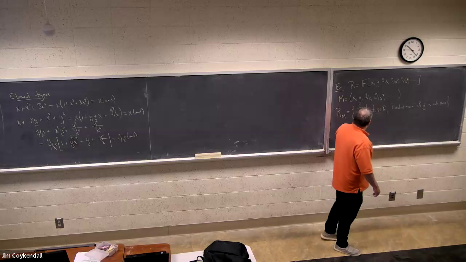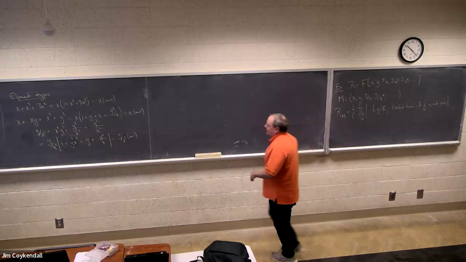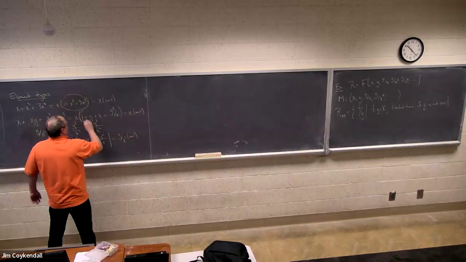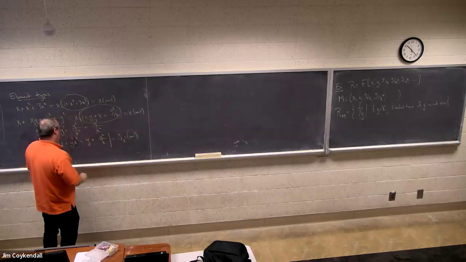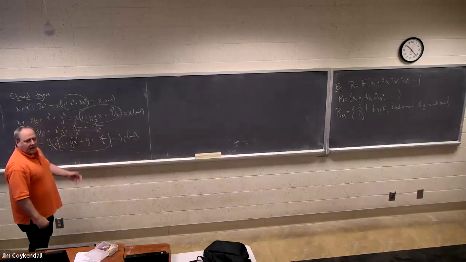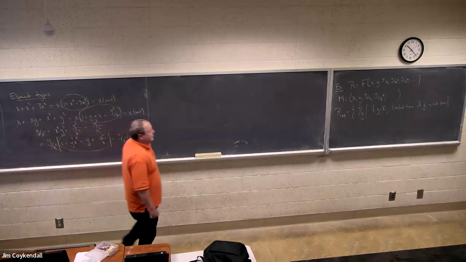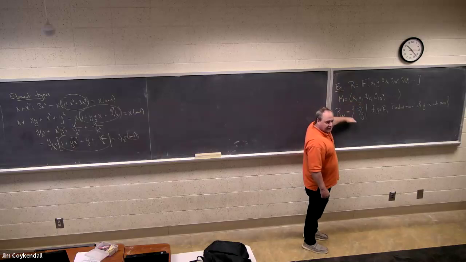And then when you localize, you can also put in things of this kind of form, non-zero constants here. But I can just call that a unit in the localization. It's kind of cheating a little bit. You're right, this is not a unit in the original ring, but once you turn everything outside of that maximal ideal into a unit, it's acceptable in the denominator.